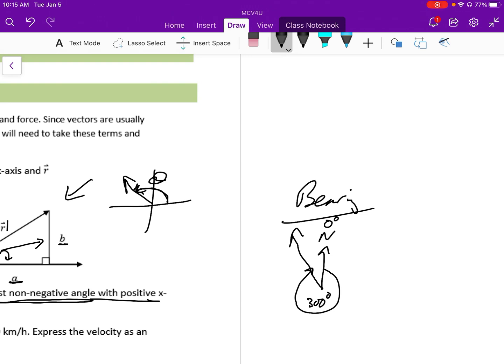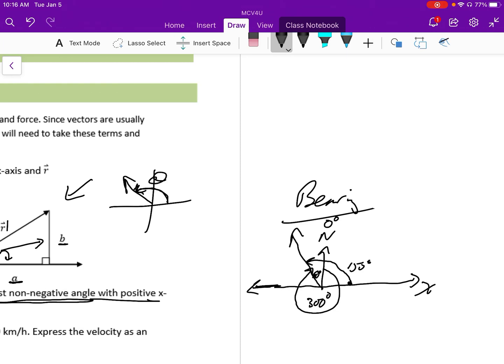Since we're resolving the vector, we have to go with the smallest non-negative angle from the positive x-axis. So you've got a full 90 degrees plus another 60, so that is 150 degrees.